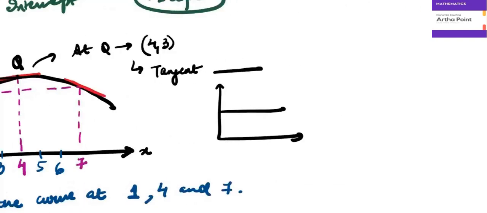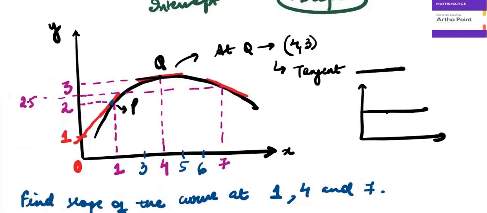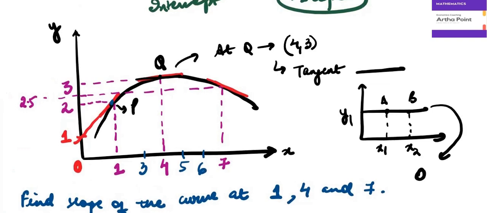You will tell me that the slope of this line will be, supposedly you take a point A here, you take a point B here. This is x2, x1, but this is just y1. y2 is not changing. So if I ask you what is the slope of a horizontal line, you will tell me that the slope is 0, because slope is given by y2 minus y1 upon x2 minus x1, and y2 is not changing.